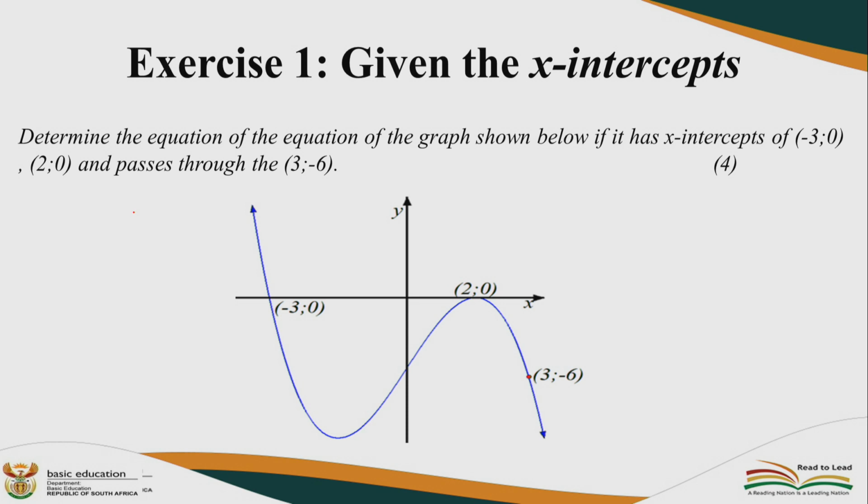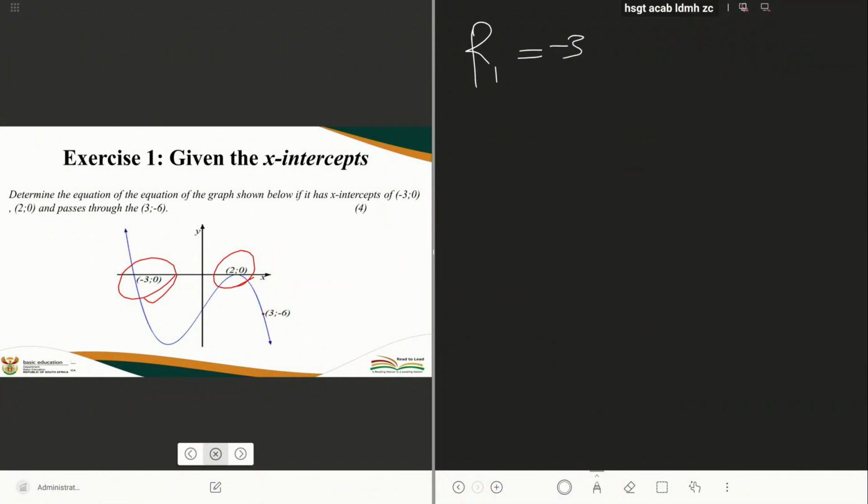Maybe it will be nice for you to do it quickly. Determine the equation of the graph below, with x-intercepts -3 and 2, and passing through (3, -6). So I see there I'm having three roots here. Root 1 is equal to -3. The other one, root 2, is equal to 2. And also root 3 is equal to 2.